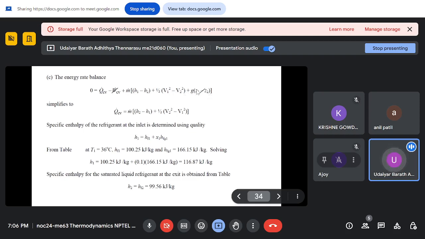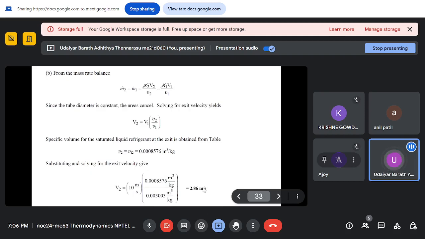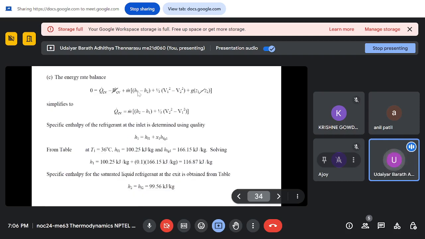For this potential energy, we assume that both are at the same height, so your potential energy difference will be 0. You know velocities at state 1 and state 2, which we have calculated, which is 10 and 2.86. We know enthalpy at 1 and 2. So 2 is your saturated liquid corresponding to 9 bar.